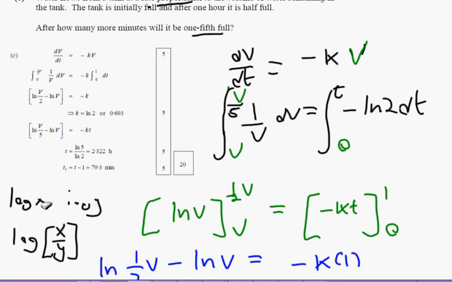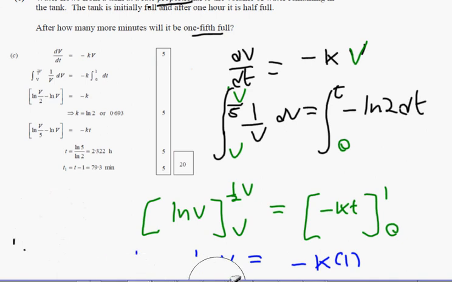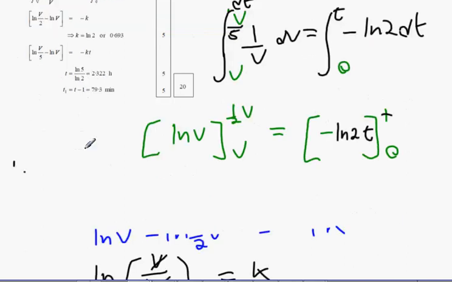Now, integrating both sides, this time we still get ln V, and we're going to get ln 2 times t. And this time it's going to be from t to 0, and that's a fifth V this time, because it's a fifth full.